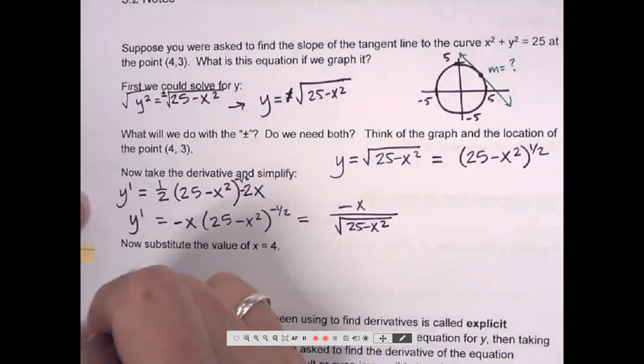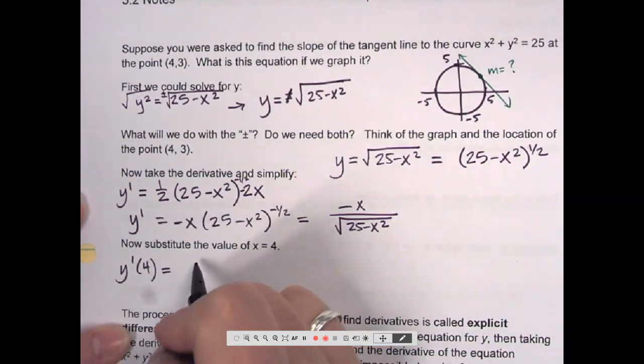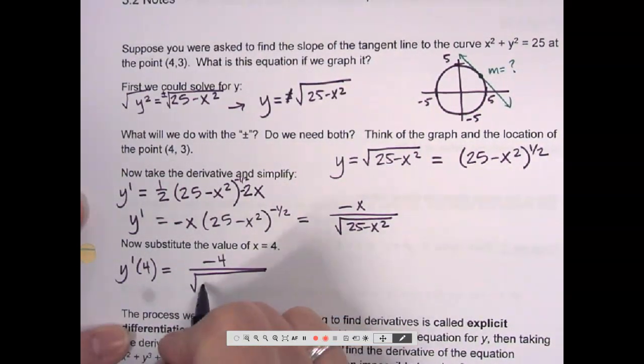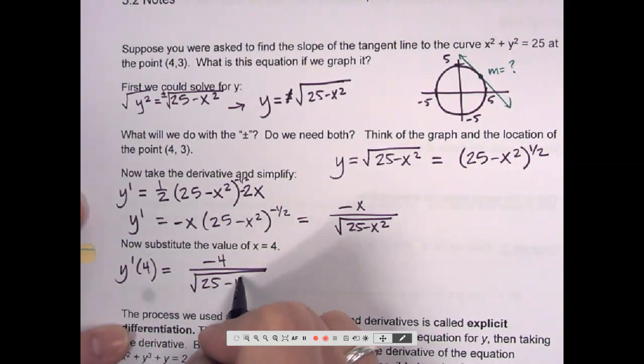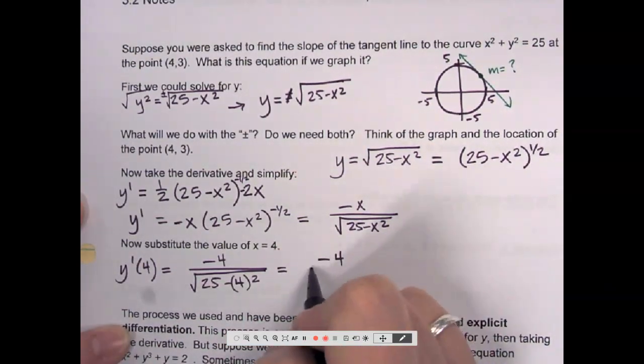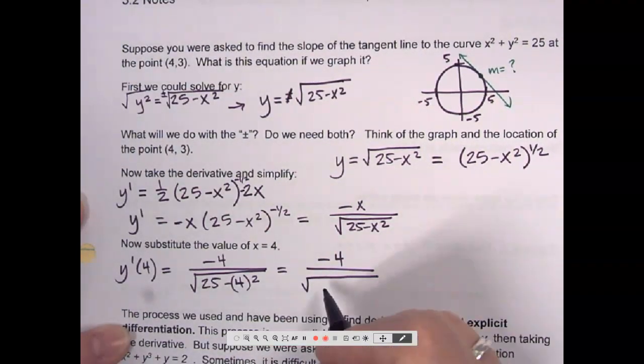All right, so now let's find y prime of 4. Negative 4 over, you can do this part in your head. Don't believe it? Then don't take the exam, because half of it is without a calculator.